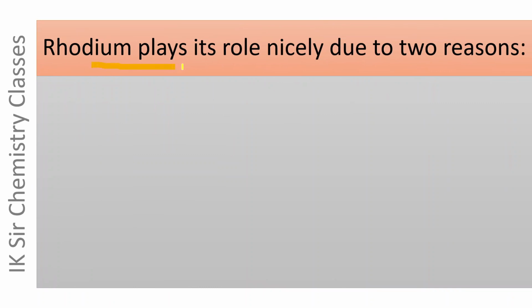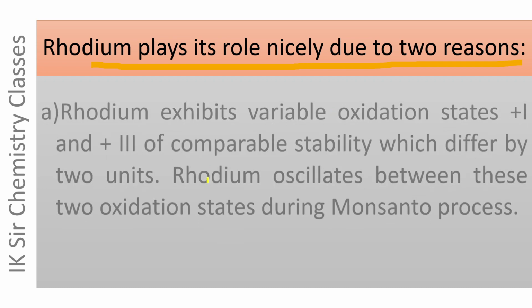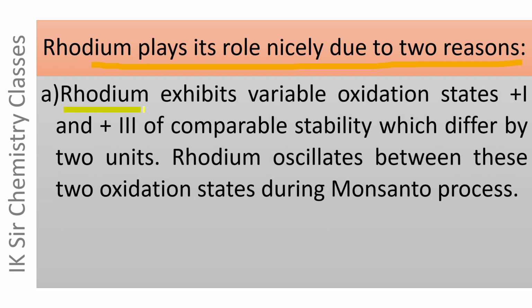Rhodium plays its role nicely due to two reasons. Rhodium exhibits variable oxidation states +1 and +3 of comparable stability, which differ by 2 units. Rhodium has one characteristic feature, that it exhibits variable oxidation states +1 and +3.